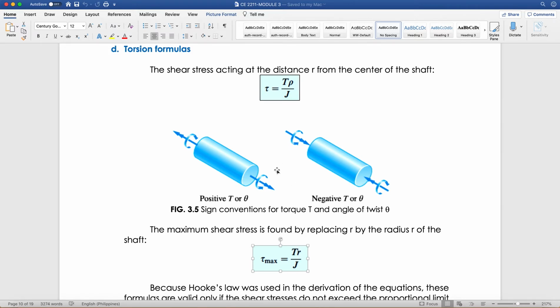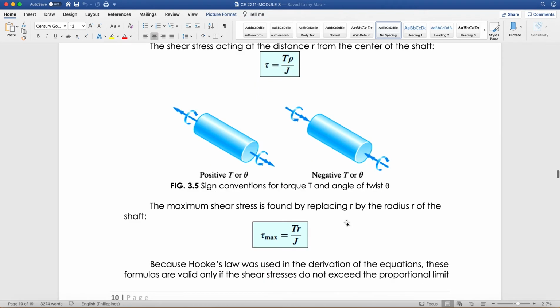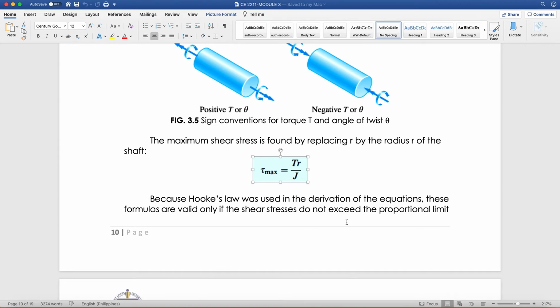Okay? So, positive T or theta if it is rotating counterclockwise, then negative if it is rotating clockwise, depending on the orientation. Okay? As long as we arrive at the same answer, then there's no problem.